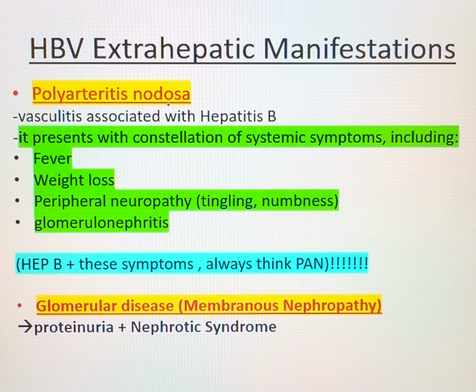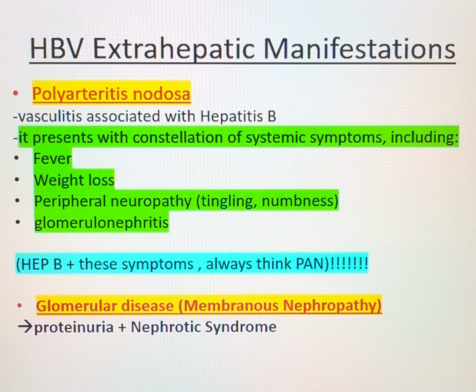What is polyarteritis nodosa? It is a form of vasculitis that is associated with hepatitis B. So if a patient has hepatitis B plus some of the symptoms like fever, weight loss, peripheral neuropathy like tingling, numbness, or glomerulonephritis, please suspect polyarteritis nodosa. Another extrahepatic manifestation of hepatitis B can be glomerular disease, mainly membranous nephropathy, which presents with proteinuria and nephrotic syndrome.